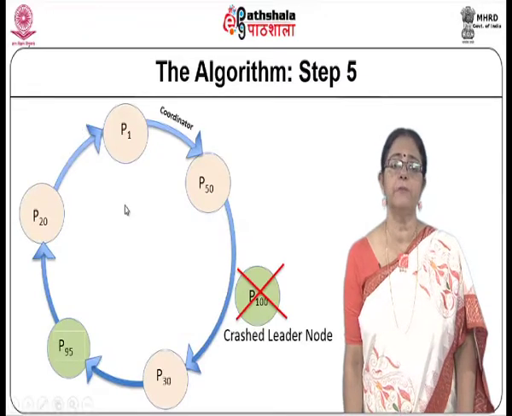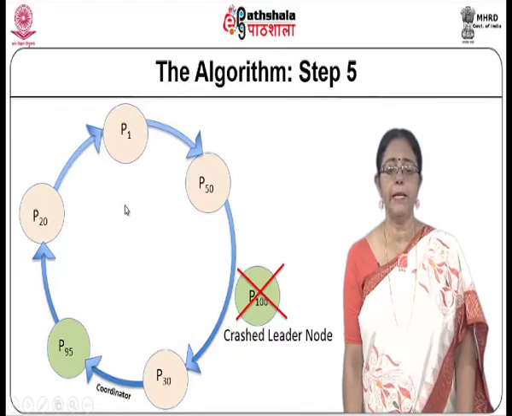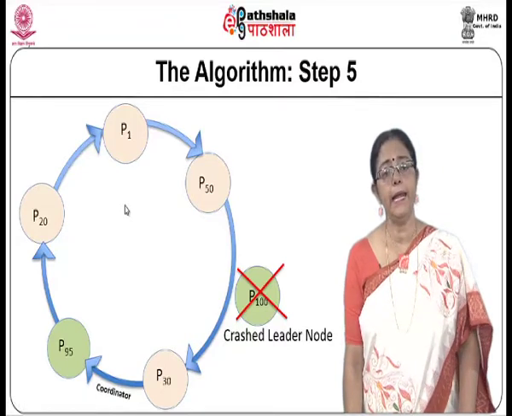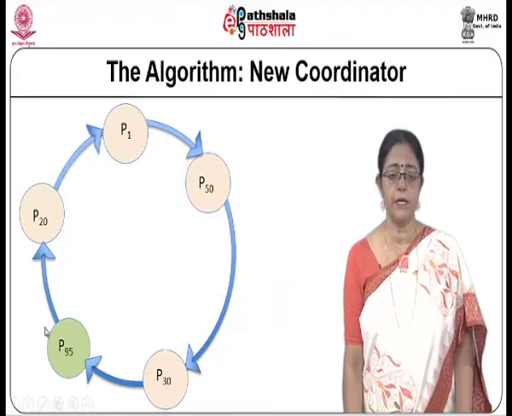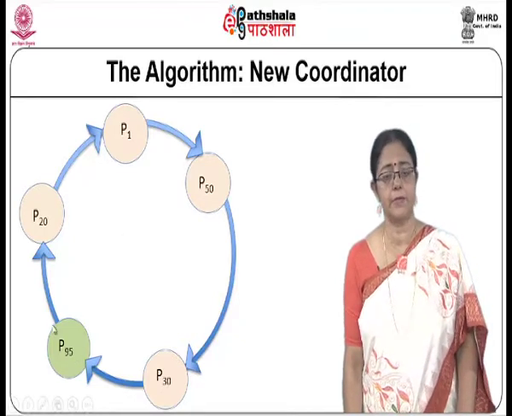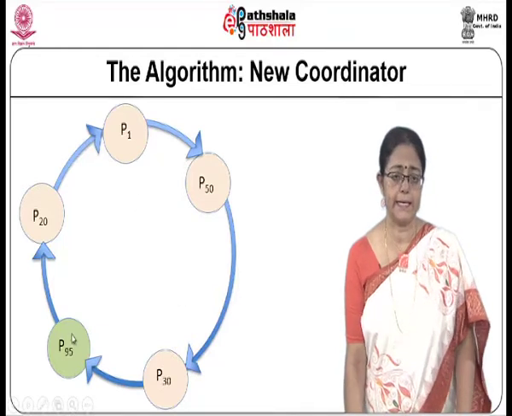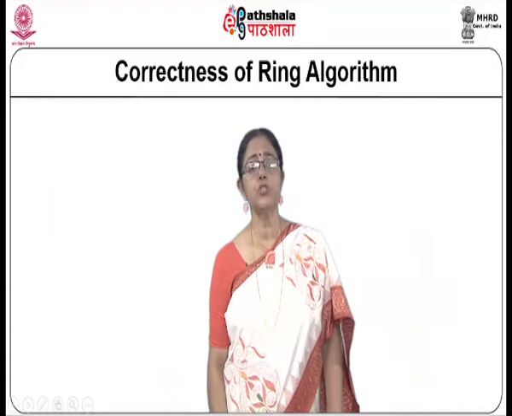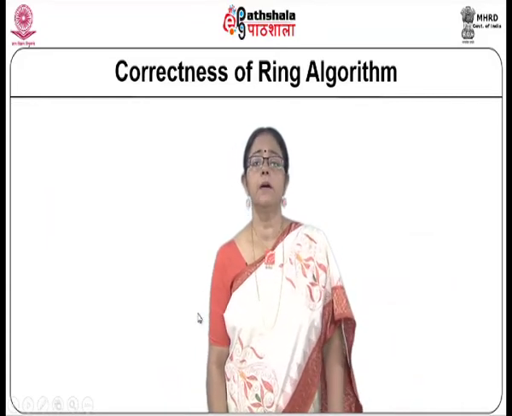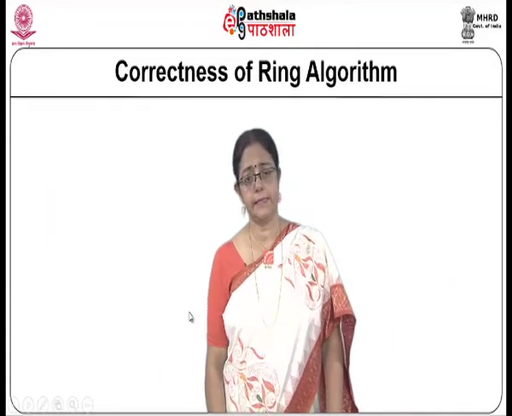P20 will forward, P1 will forward, P50 will forward, and P30 will forward until P95 receives back the coordinator message. Once P95 has received it, it decides that it is the coordinator. This is how the coordinator is detected.